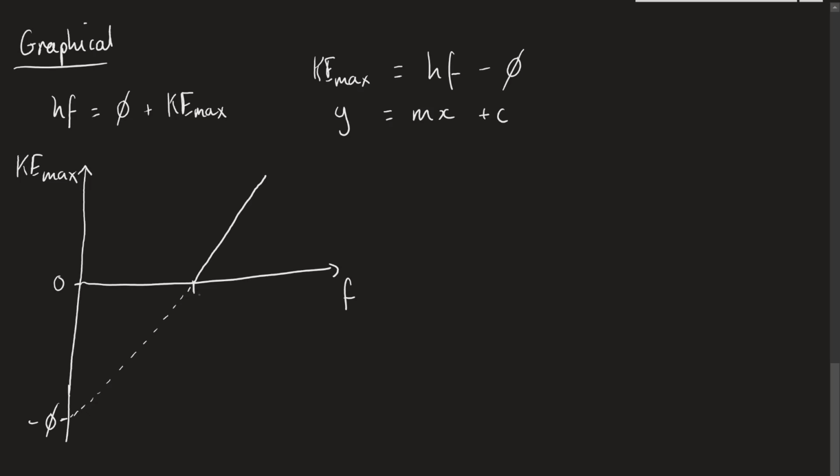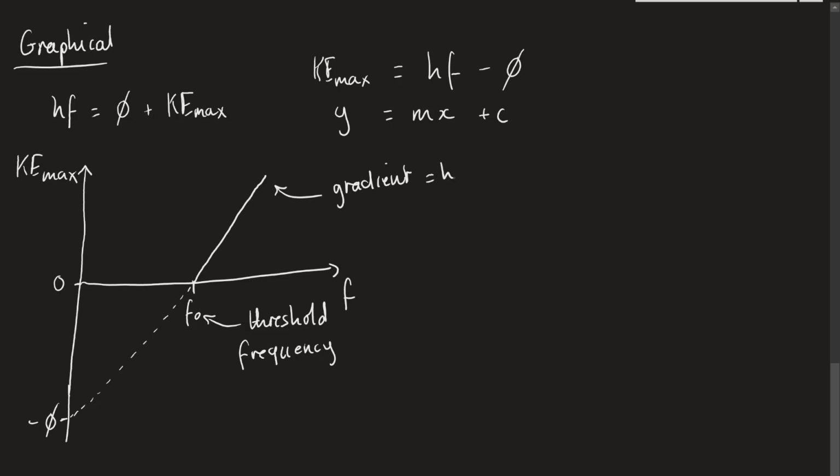This point here is where electrons will be emitted, but we have zero kinetic energy. This is called the threshold frequency. Okay, so the threshold frequency is the minimum frequency in order for electrons to be emitted without having kinetic energy. And the gradient of this is Planck's constant.